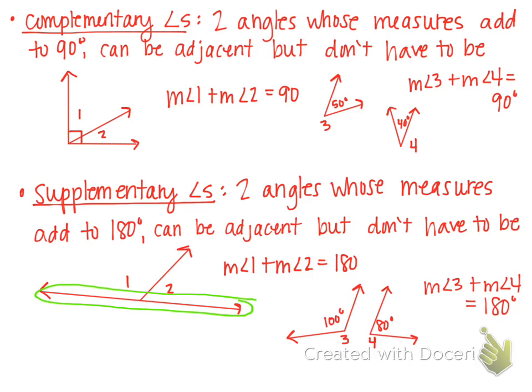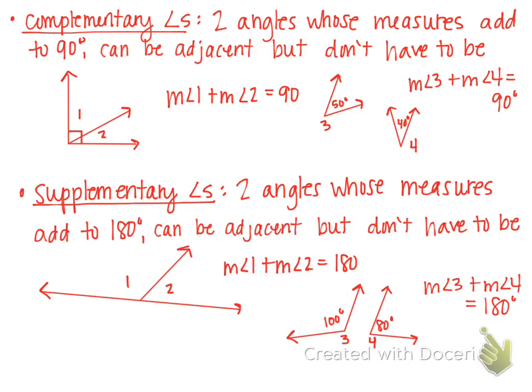So even though we don't have measurements marked for 1 and 2, we know that they have to be supplementary because they back up to a straight line, which if you measured the degree from here to here, we would get 180 degrees. So angle 1 and angle 2 add to 180 degrees. Then, if you look at this other set that are not adjacent, we have them marked. So 100 plus 80 is 180. So angle 3 and angle 4 are supplementary. So the measure of angle 3 plus the measure of angle 4 is 180.